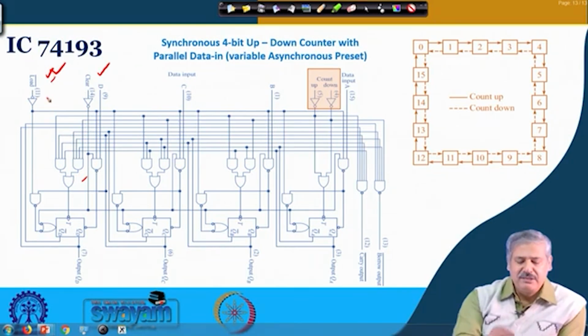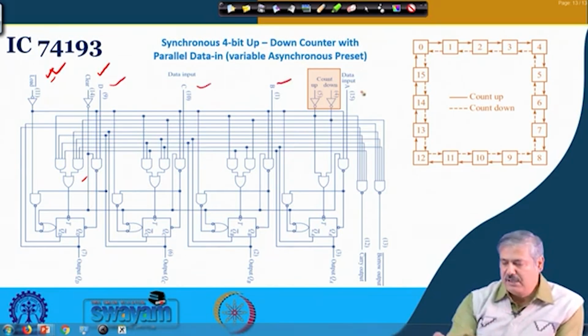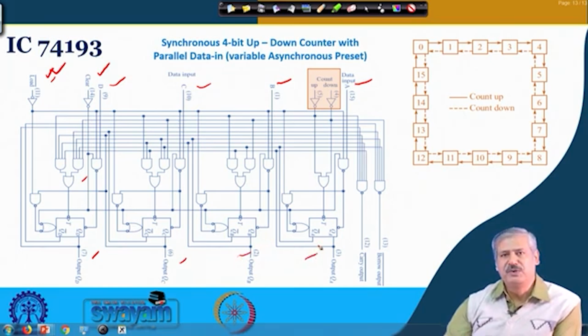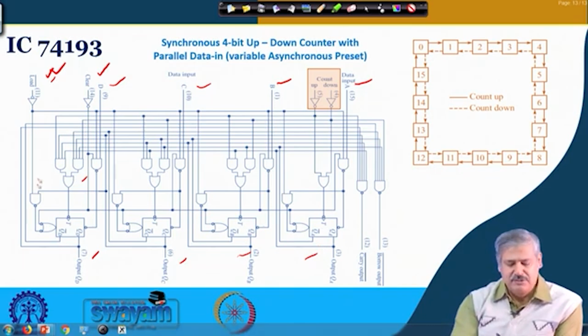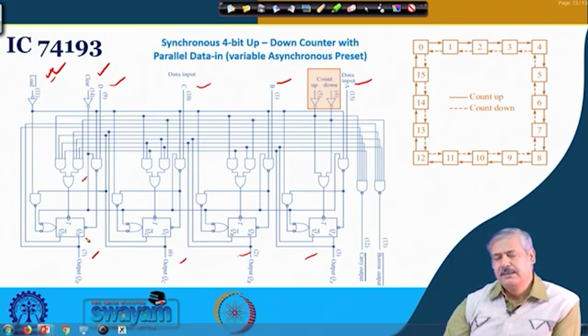Whenever it is activated asynchronously, whatever number is there on D, C, B, A will come to QD, QC, QB and QA respectively, without the need of the clock. Immediately, after the gate delays, it will get transferred to the output. So, this is getting loaded in parallel, asynchronously preset.